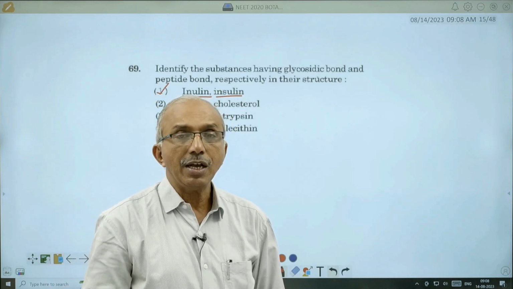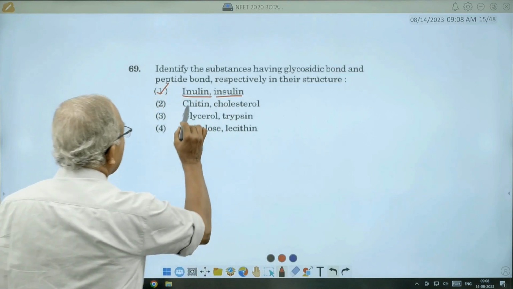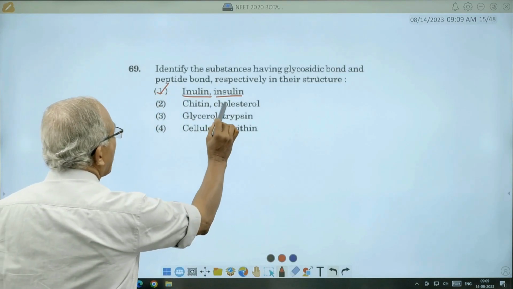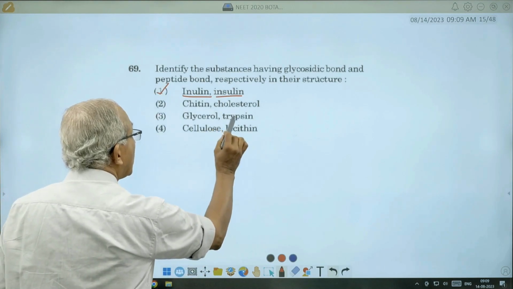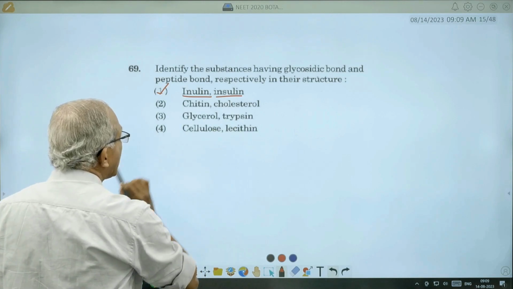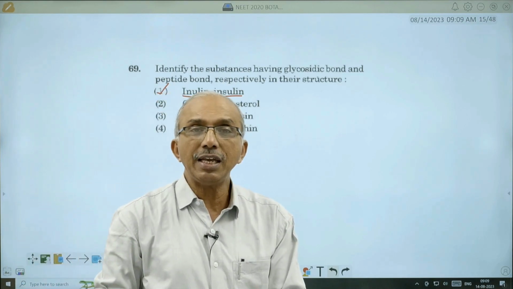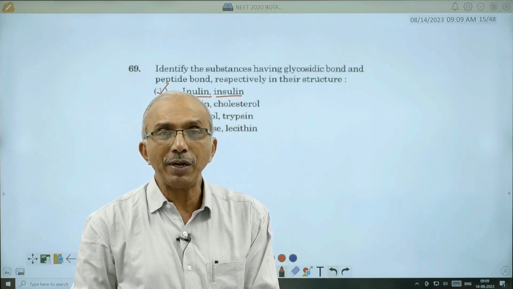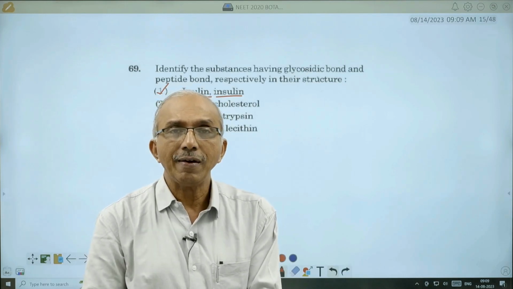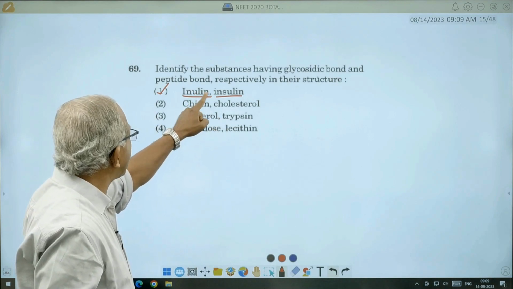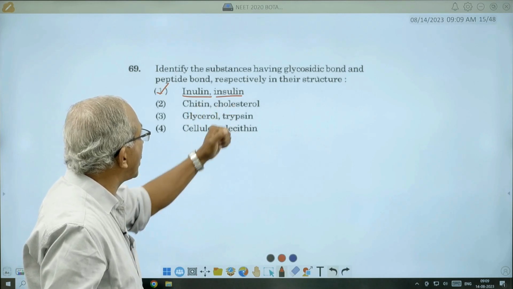Inulin, it is a polysaccharide. Insulin, it is a protein. But here chitin is a polysaccharide, but cholesterol is not a protein.